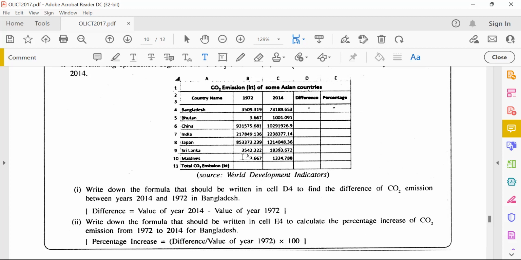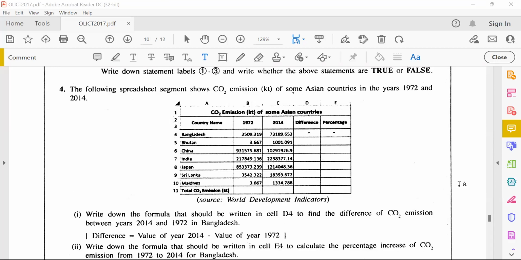Yes. Can you quickly send me the answers for this? Yes, it says the following spreadsheet segment shows CO2 emission in KT of some Asian countries in 1972 and 2014.